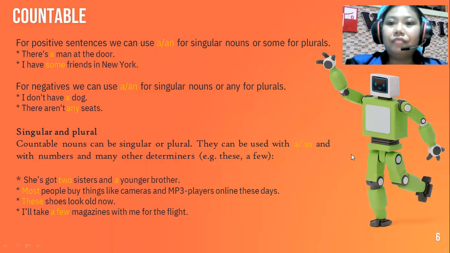Next, first of all, we are going to talk about countable. Remember, countable means dapat dihitung. For example, apple, glass, cup, bicycle, robot. When you make a positive sentence and it is singular, or only one, or some plurals: if singular, we can use a or an.